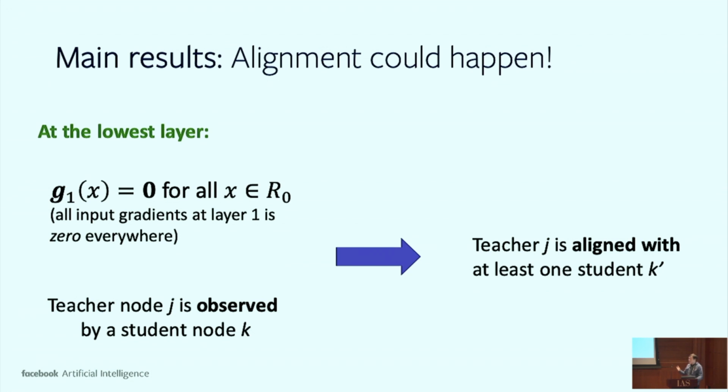People might wonder, how about when the gradient is small? I'm going to talk about that in the next few slides. But for now, let's say the gradient is 0 for all the points in the training set, and it's 0 for all the input gradients of that hidden layer. If the teacher node J is observed by student K in this situation, then it will align.